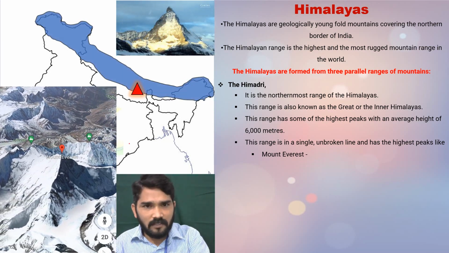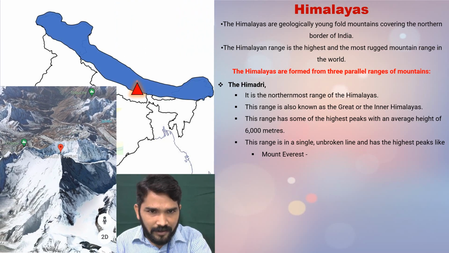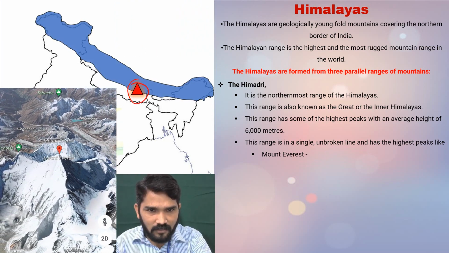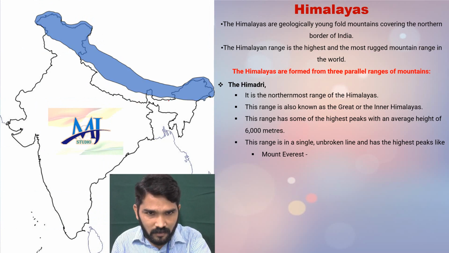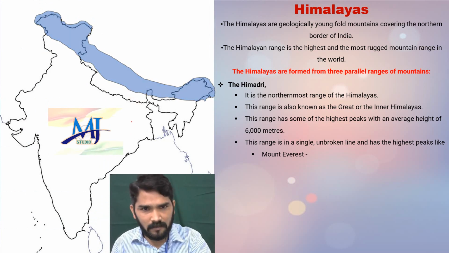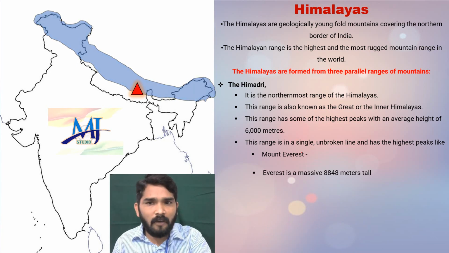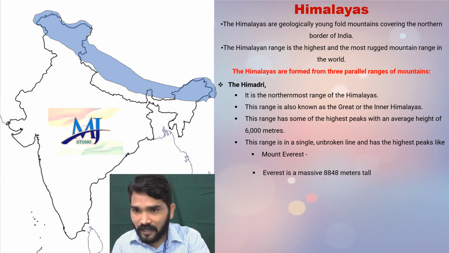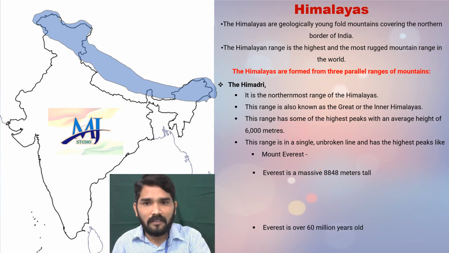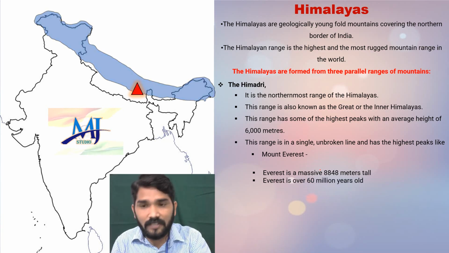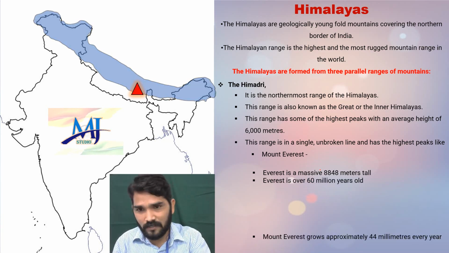As you can see, this is the area where Mount Everest lies, just a little left to 6, in the area of Nepal. Mount Everest is 8,848 meters tall, and it is around 60 million years old.